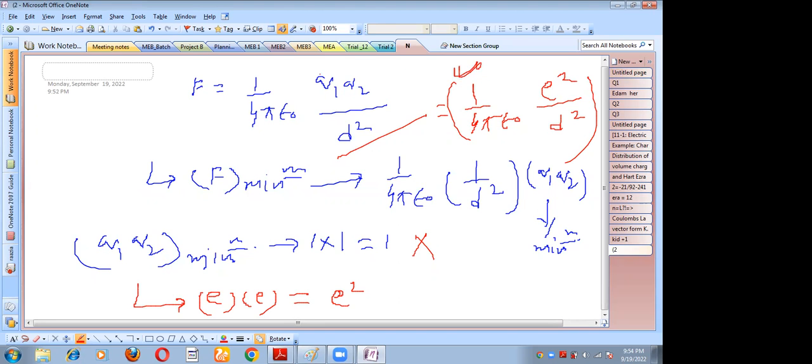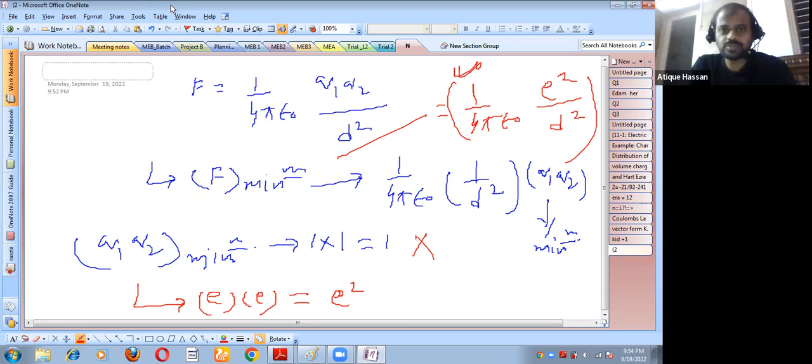These are very basic questions based on Coulomb's law, which we avoid, and teachers also generally don't explain these. I think this should be taught after Coulomb's law in every class, so that a student has some idea how to use quantization of charge in the formula of Coulomb's law. All right, so this is the answer: 1 by 4 pi epsilon naught e square by D square.